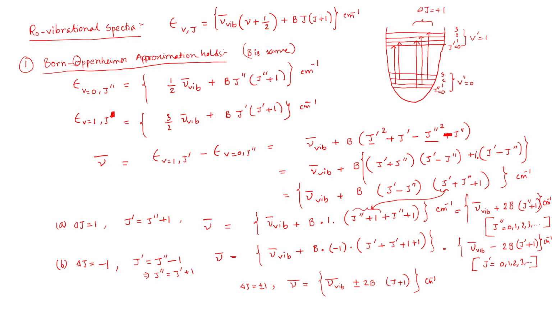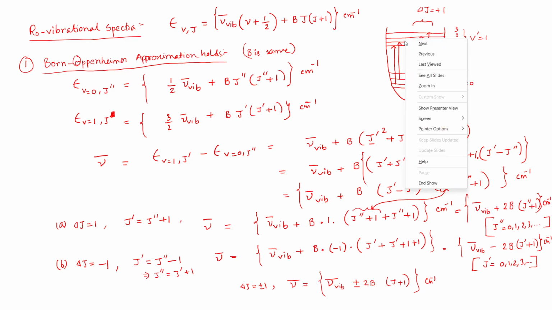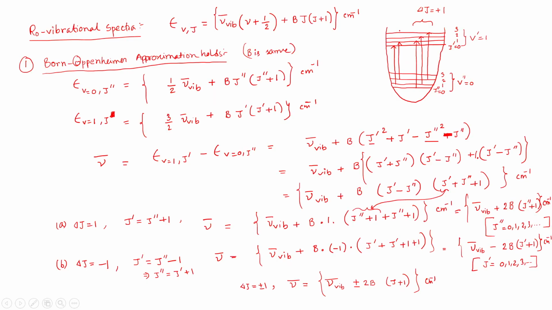So j prime is, if 1, then your j double prime is 2, and if you come from j double prime 3, you will go to j prime equal to 2. So this is delta j equals minus 1.